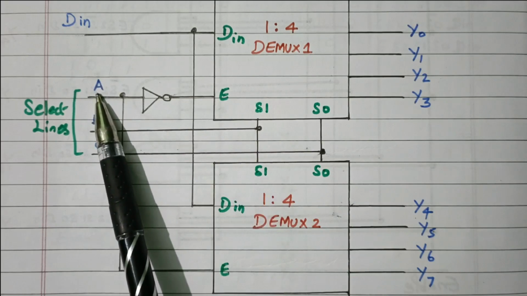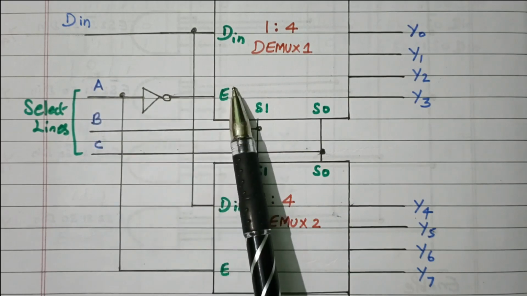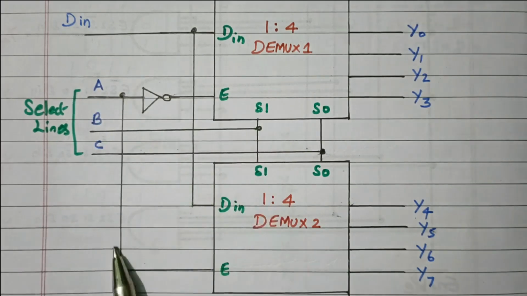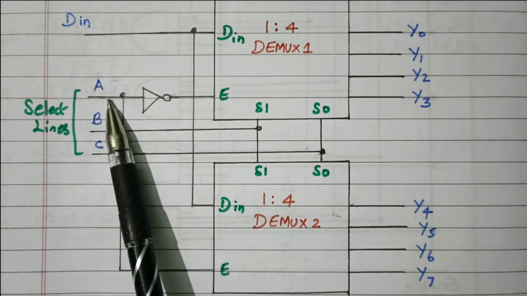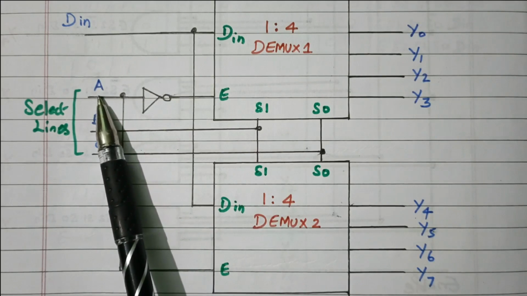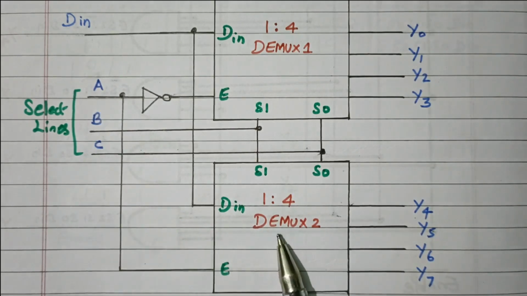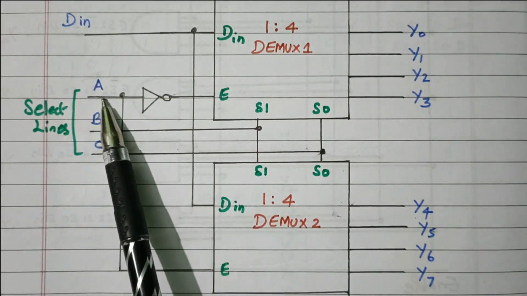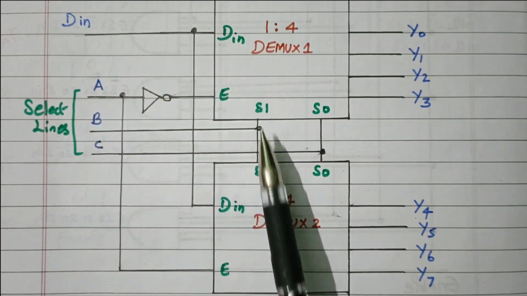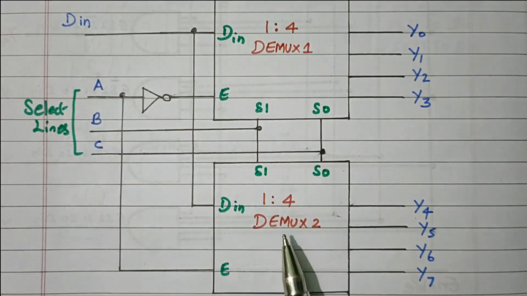A equal to 1 means here 0, so demux 1 will be disabled. This one is applied to the second demux. So if A equal to 1, demux 2 will be enabled, right? So the signal A is used for enabling the demux, either 1 or 2.